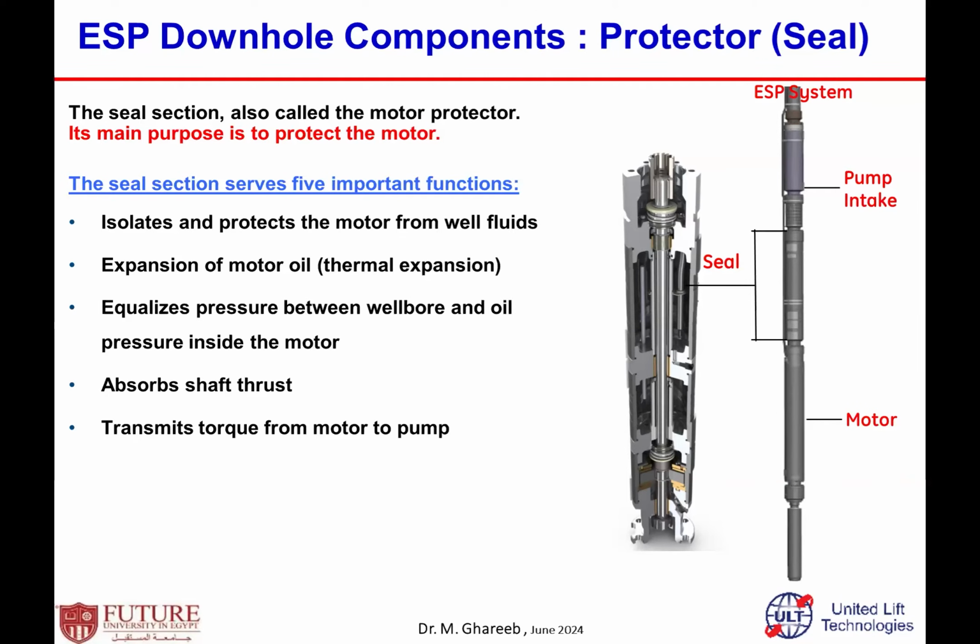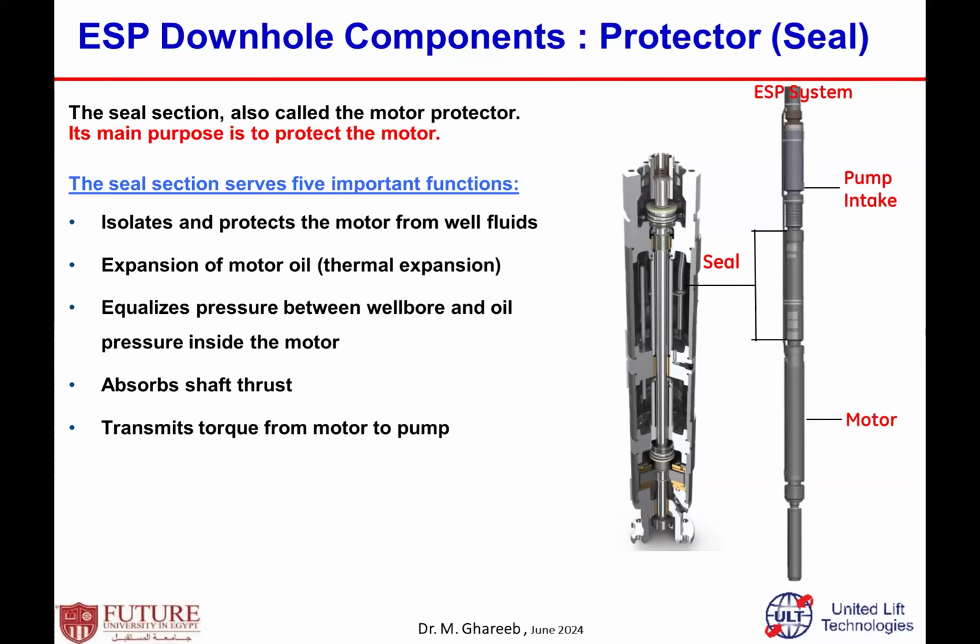Then this seal section can accommodate the expansion of the motor oil. If the motor oil expands, it can go to the seal, where there is a certain room to absorb the expansion.